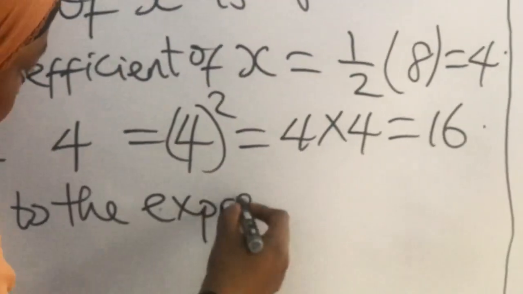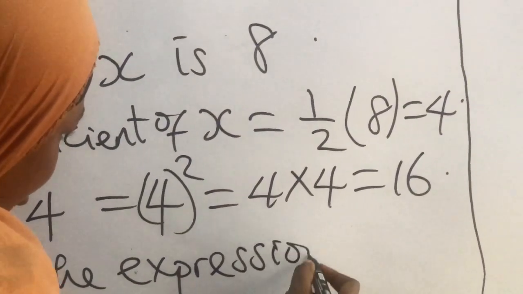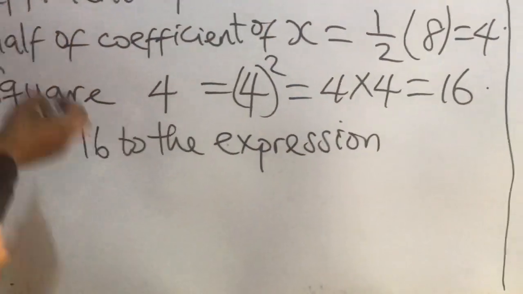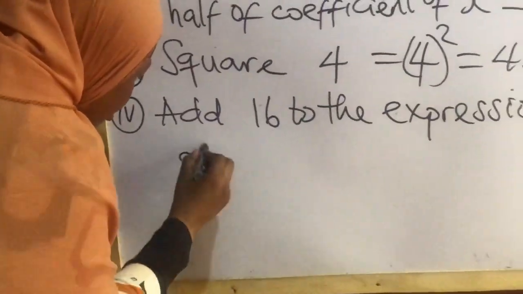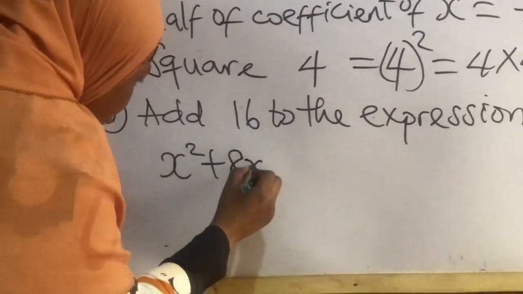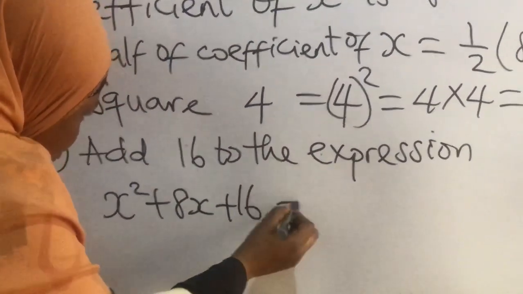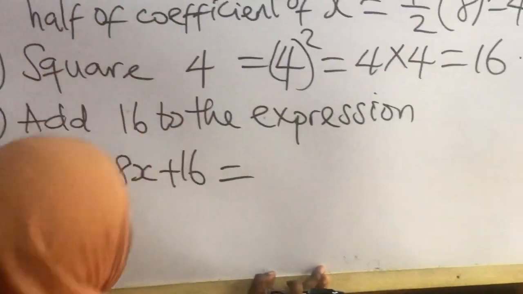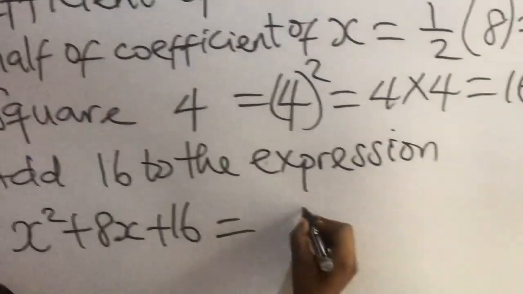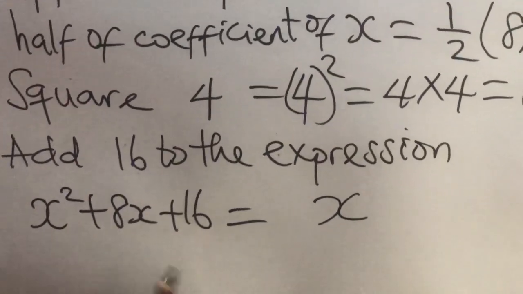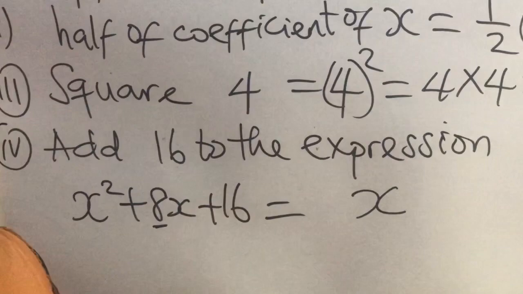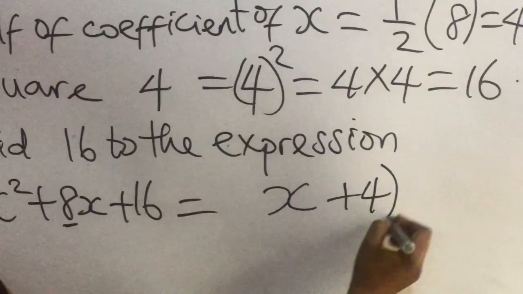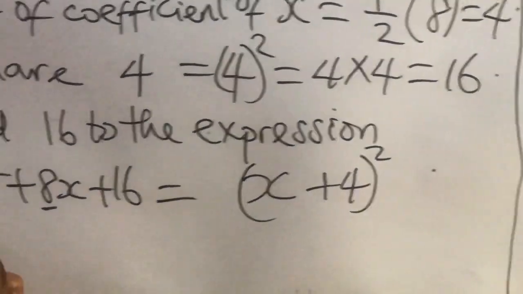So it is 16 that we are going to add to that expression to make it a perfect square. So x squared plus 8x plus 16. For you to write it as a perfect square, we take x, then half of the coefficient of x is 4. So you add it to it, then you square it. So that is a perfect square.